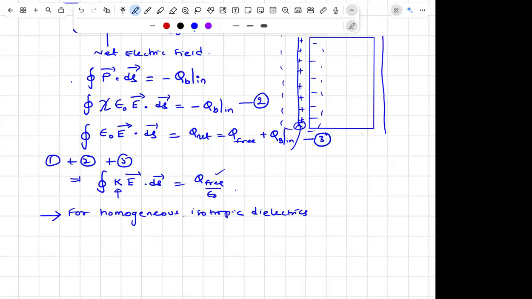For homogeneous isotropic dielectrics, K becomes a constant and it has nothing to do with the integration.